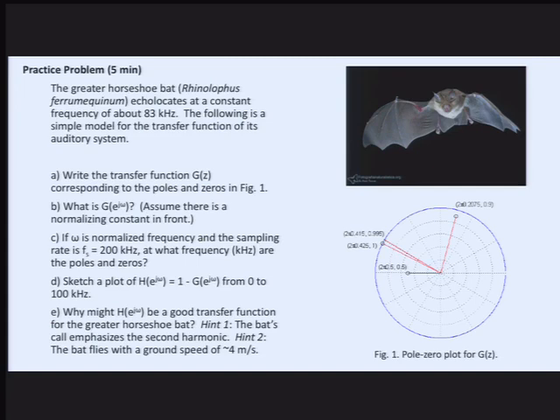I'll give you a hint. I'm looking for F at the zeros and poles. So that omega should be equal to the 2 pi times those things, right?